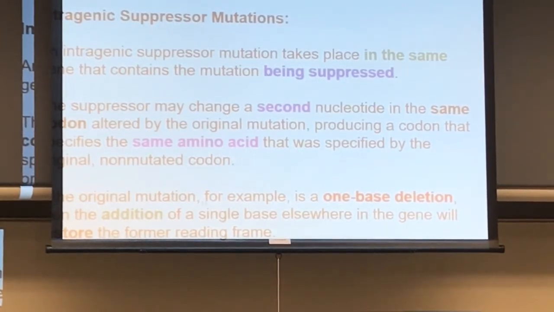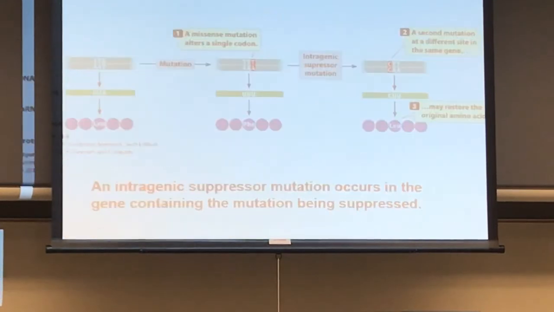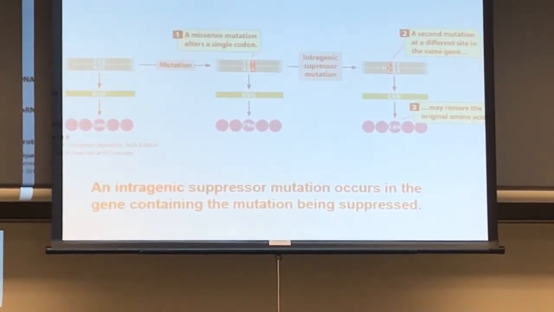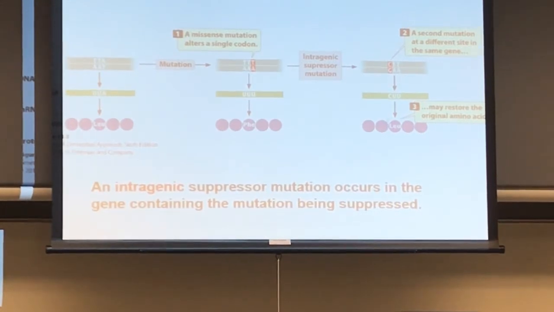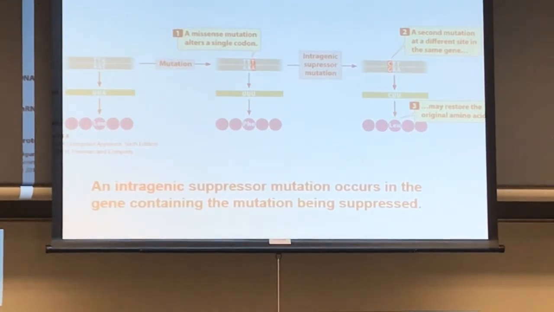So the original mutation, for example, could be a one base deletion, and then the addition of a single base elsewhere in the gene will restore the former reading frame. This is also an example. So here I showed that if you change one nucleotide, the amino acid changes; you change the second nucleotide in the same codon, the amino acid is back. Likewise, if you remove one nucleotide, what happens? The whole reading frame is shifted.